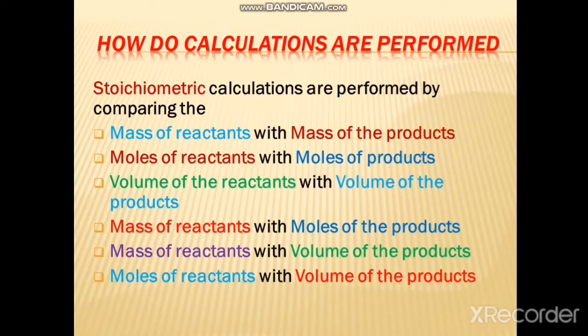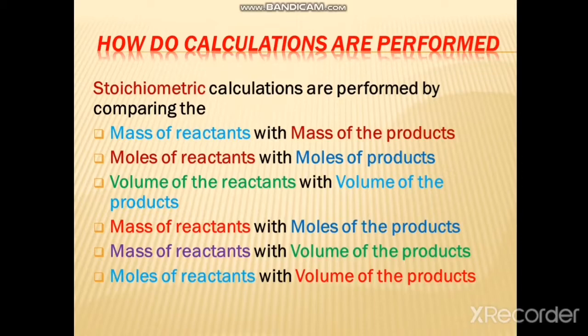Dear students, if we are given the mass of reactants, we can find the mass of products by comparing the balanced chemical equation or balanced chemical reaction. So students, you can be given the mass of the reactants and asked to calculate the mass of products or moles of products or volume of the products.